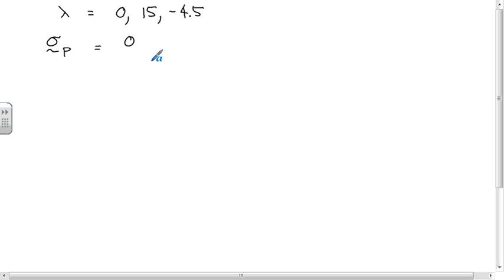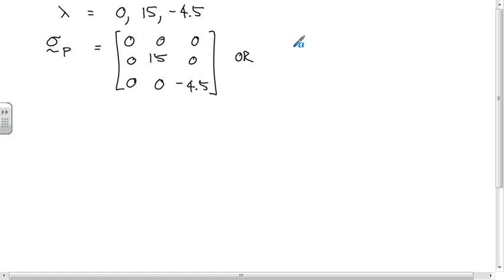It could be 0, 15, negative 4.5. Or it could be 15, 0, negative 4.5, or any one of those permutations.